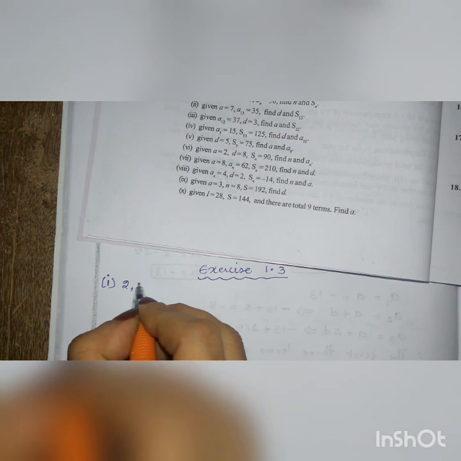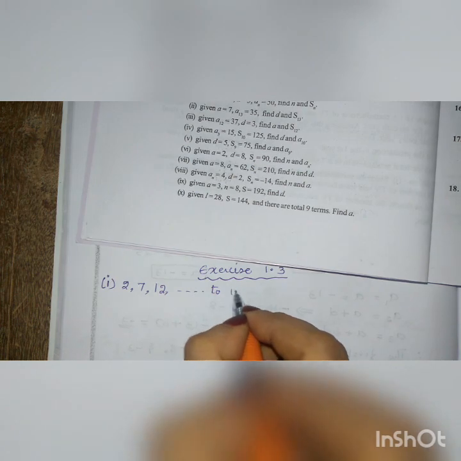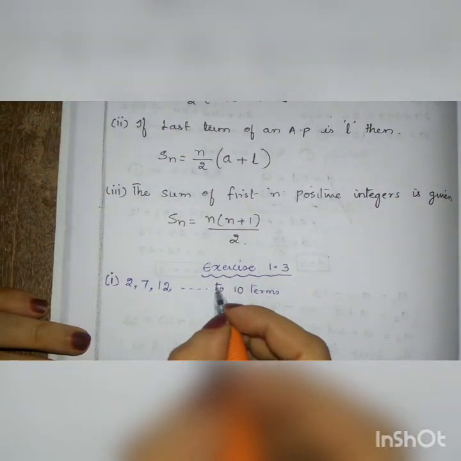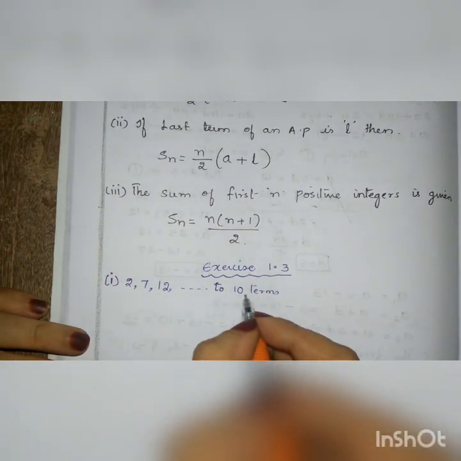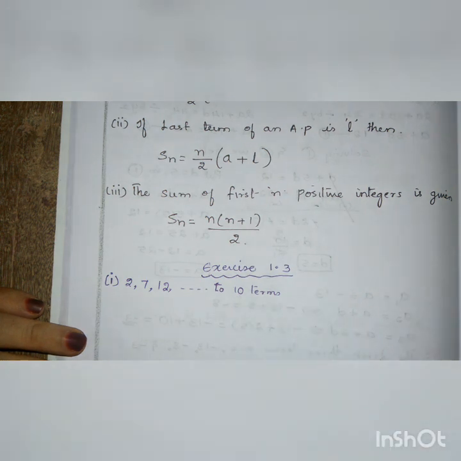The first part is 2, 7, 12, to 10 terms. See, they have given up to 10 terms, and they have told us to find the sum of the following APs.